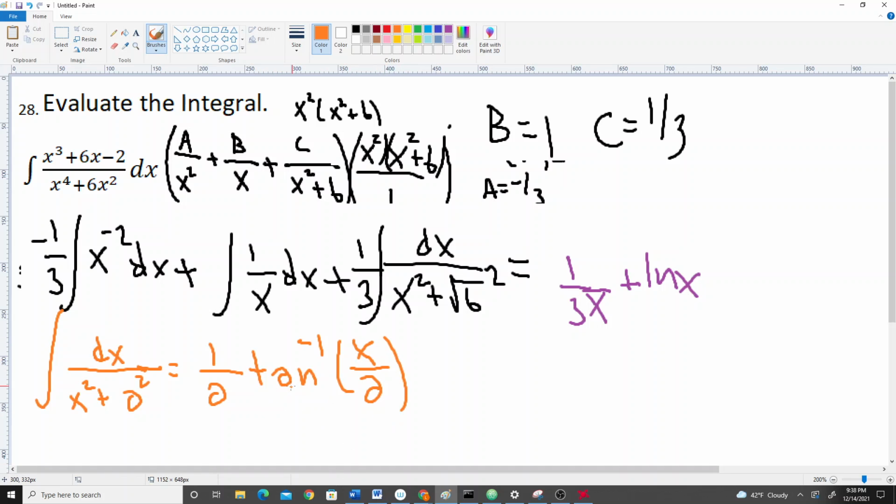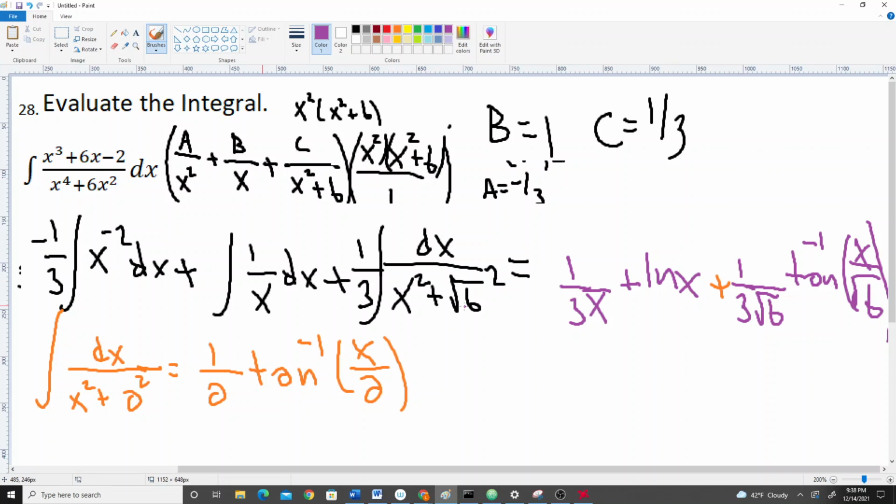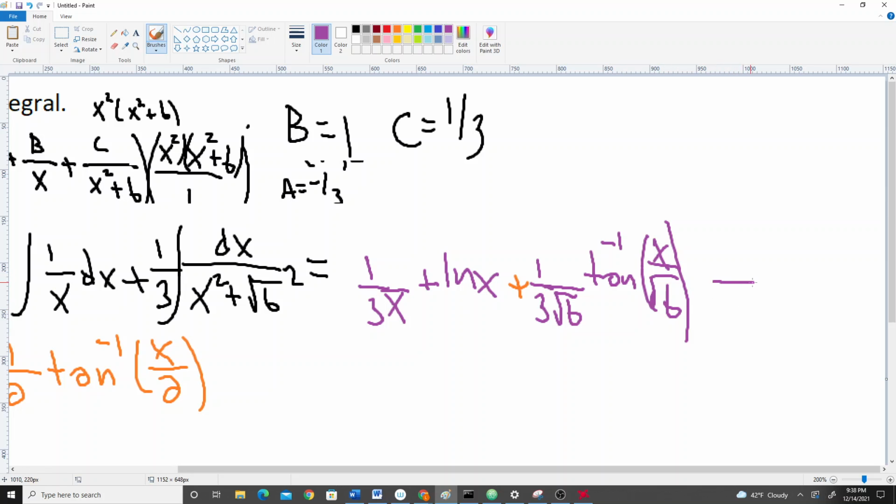So for our case, we're going to have the 1 over 3 that we already have in front. But then 1 over a is 1 over root 6. I'm going to have 1 over 3 root 6 tangent inverse, and x is just x, and then this is just root 6. Plus c, the constant of integration.